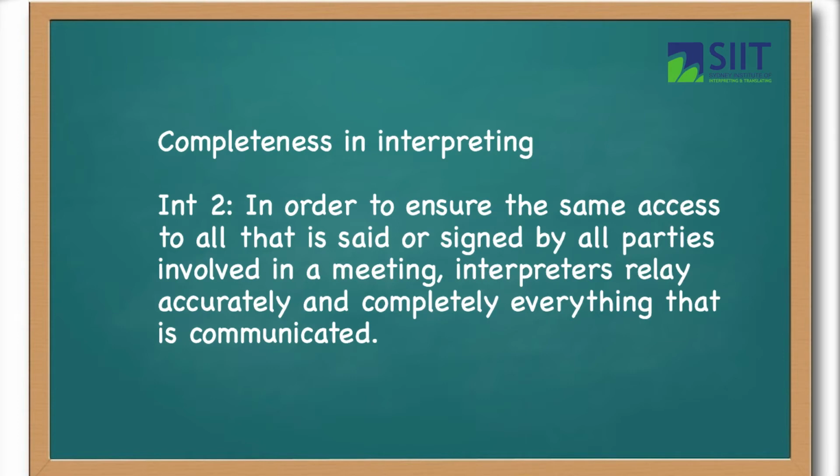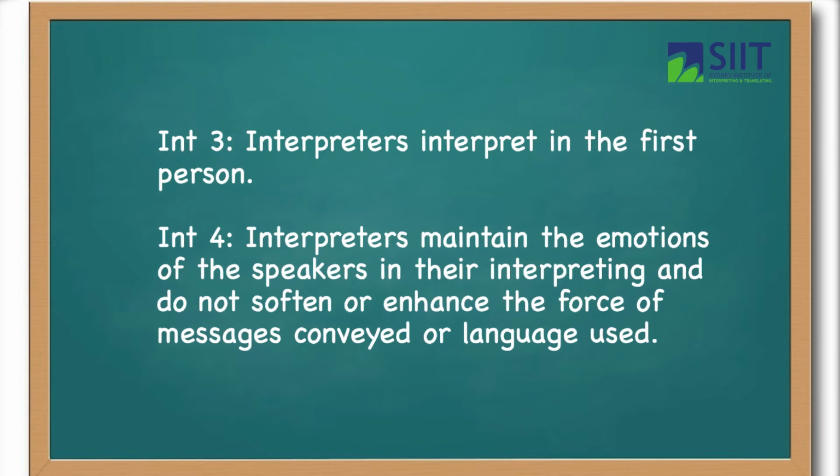Second, in order to ensure the same access to all that is said or signed by all parties involved in the meeting, interpreters relay accurately and completely everything that is communicated. Third, interpreters interpret in the first person. Fourth, interpreters maintain the emotions of the speakers in their interpreting and do not soften or enhance the force of messages conveyed or language used.